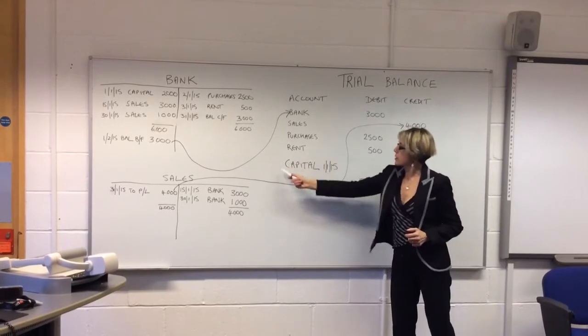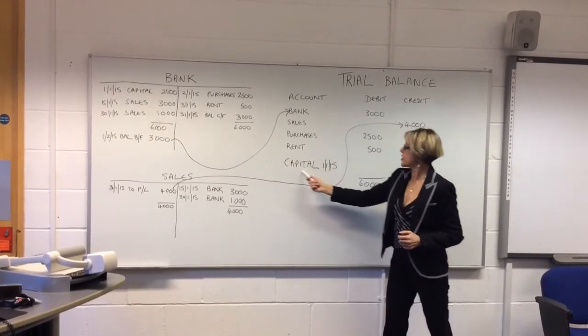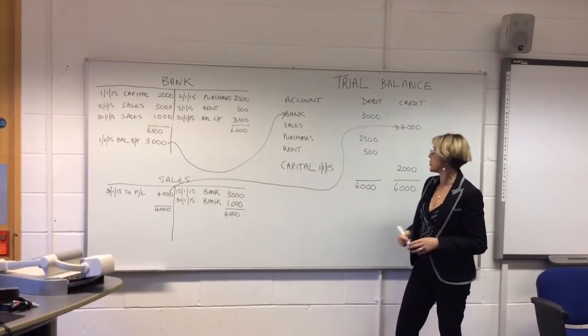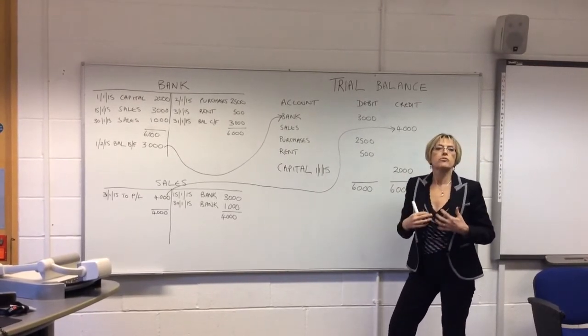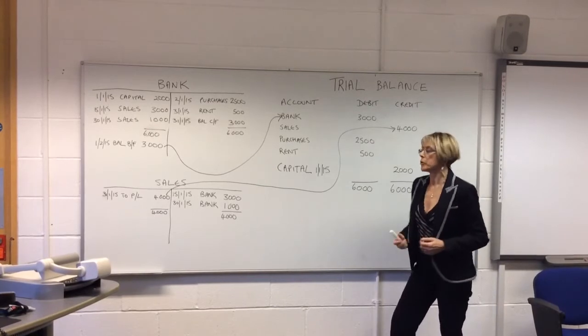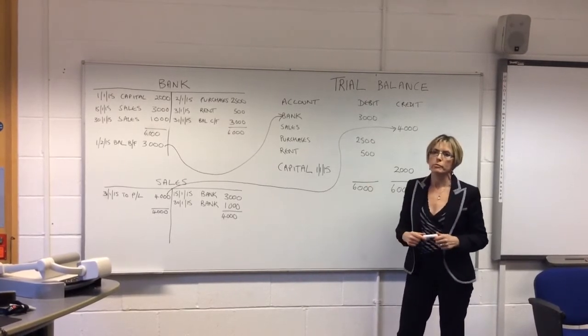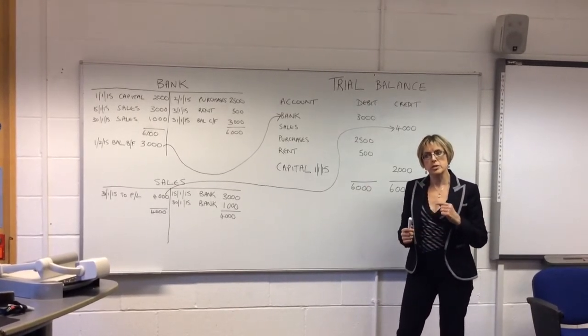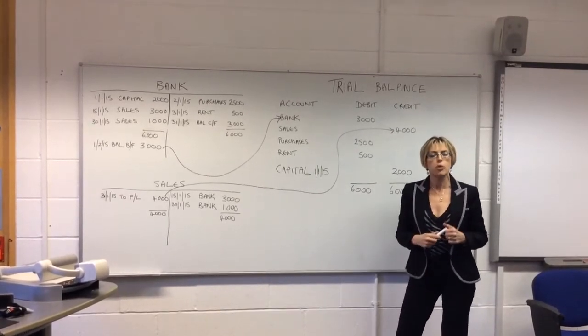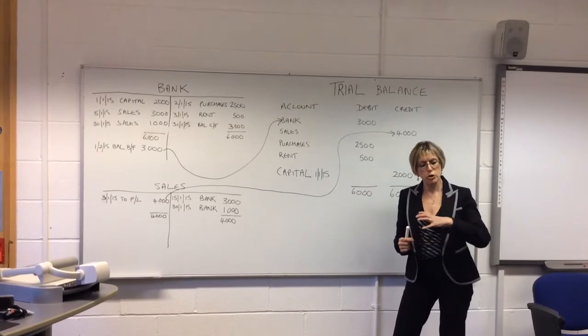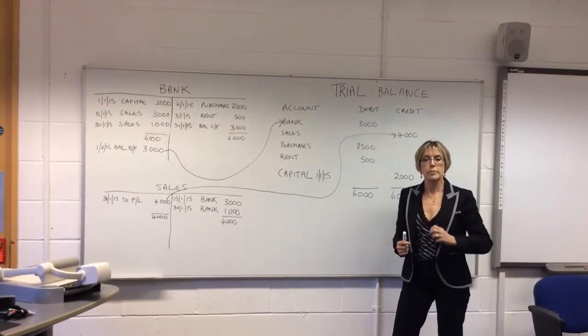The interesting thing is that we always have the opening balance on the capital account in our trial balance. In this case it's the £2,000 of capital the owner initially put into the business at the beginning of the month. But one of the things we have to deal with at the end of the month is we have to work out how much profit we've got, and then we transfer that profit to the capital account.